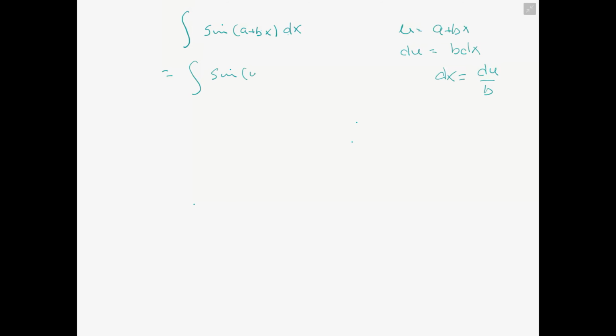So we end up with sine u, and we got du on b, and that is equal to minus 1 on b cosine of u plus c, and that is minus 1 on b cosine of a plus bx plus c.